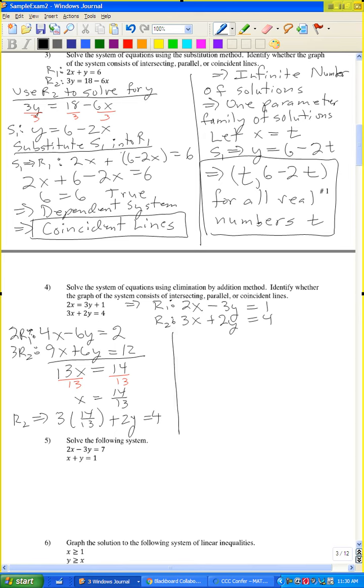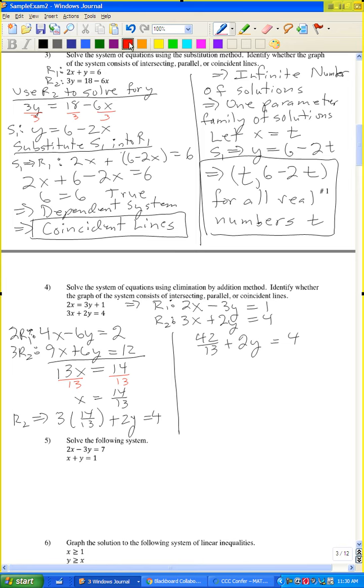And so 3 times 14 is 42 over 13 plus 2y equals 4.